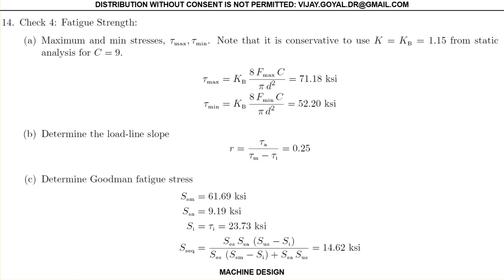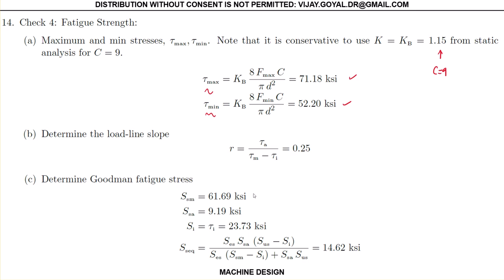So we move on with the analysis, and remember, this is equal to 1.15. This is for C equal to 9. And then we replace all these values there. You can find what your maximum is, your minimum is, and these are the values. Then you determine your slope R that you need, which is 0.25.